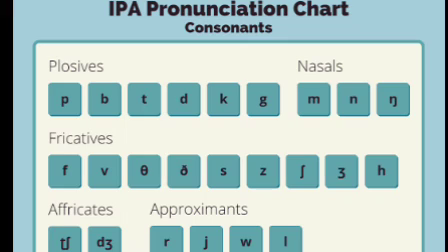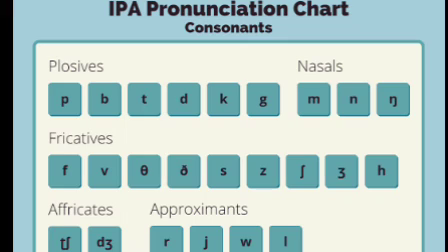We have the nasals, and we have the fricatives, f, v, s, z, sh, and we have the affricates, ch and j.